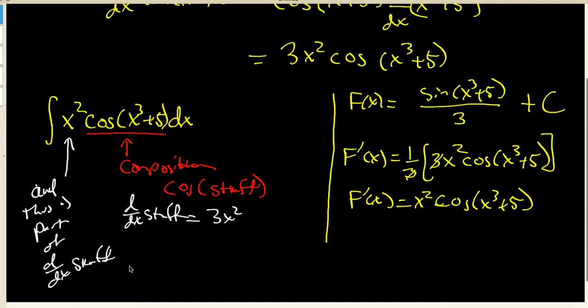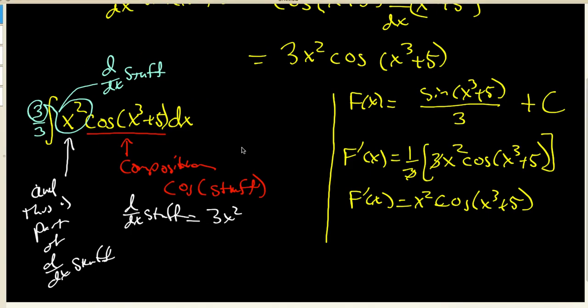And I also know that constants can go back and forth through an integral sign. So if I also add to this integral a 3/3, I can pull this 3 in, and now I've got the derivative of the stuff.